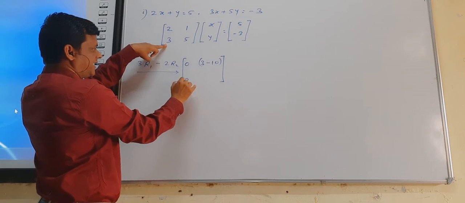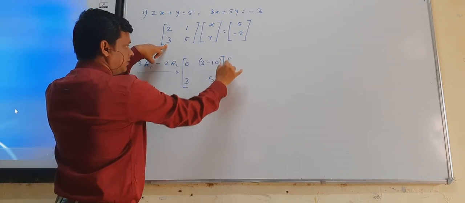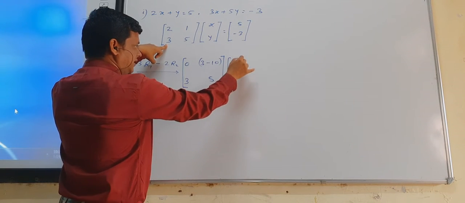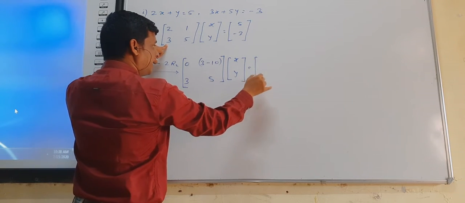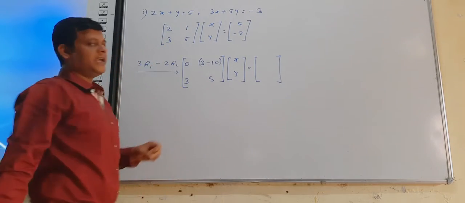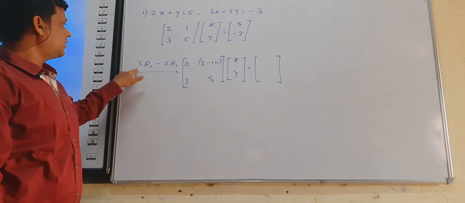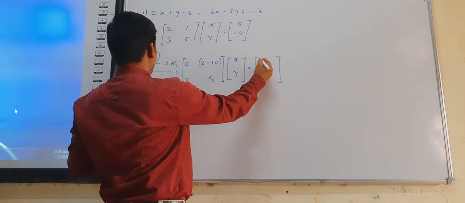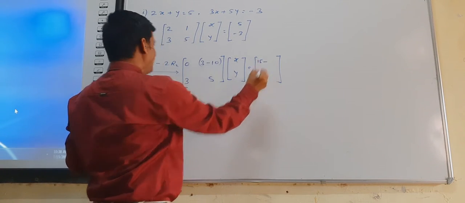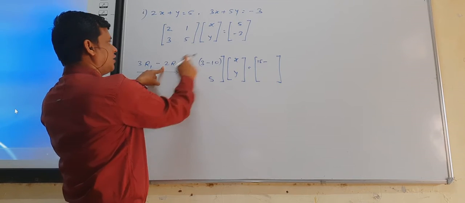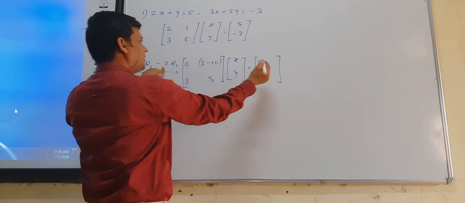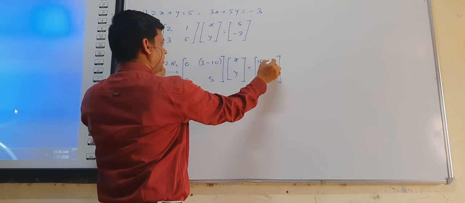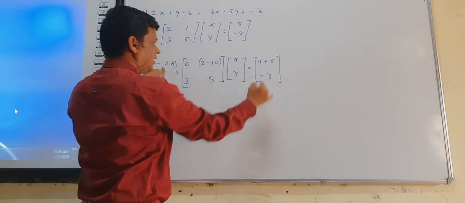Keep the second row as it is, 3, 5, and the variable matrix as it is. The same elementary transformation we apply on the RHS. 3 into R1: 3 into 5 is 15, minus 2 into R2, where R2 is minus 3, minus minus is plus, that is plus 6. The second row element stays as it is.